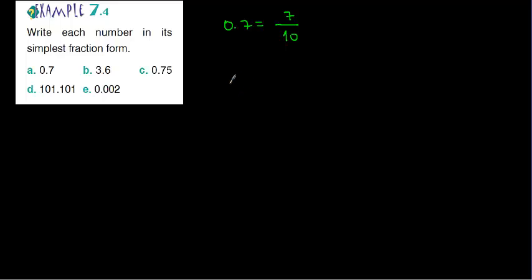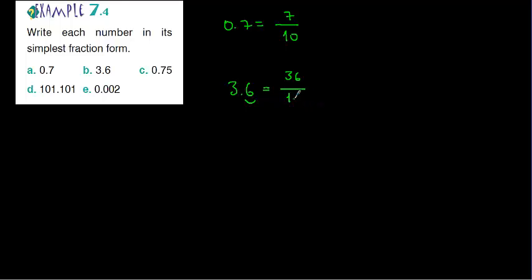Okay, now 3.6. Firstly I'm going to write it without any decimal point, then how many decimal digits are there after the decimal point?